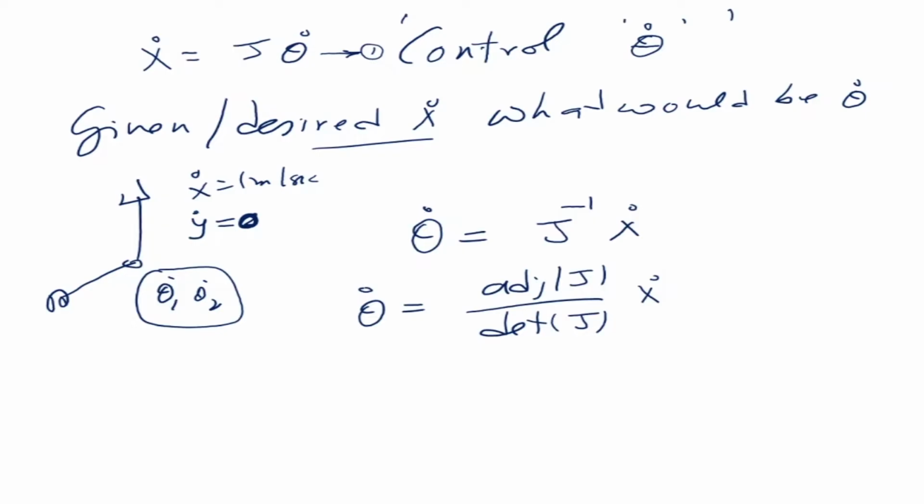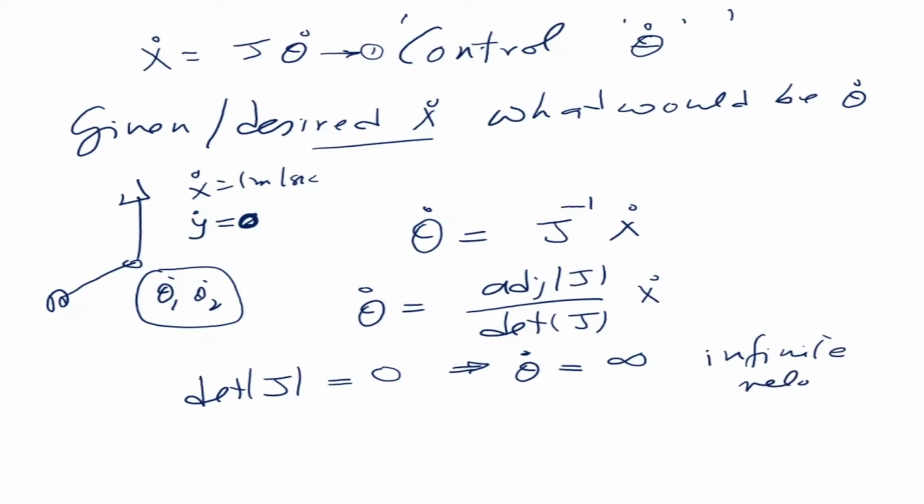So what we are seeing here is that if determinant of J were to become equal to 0, then theta dot will become equal to infinity, right? So theta dot becoming infinity means what? Means infinite velocity.